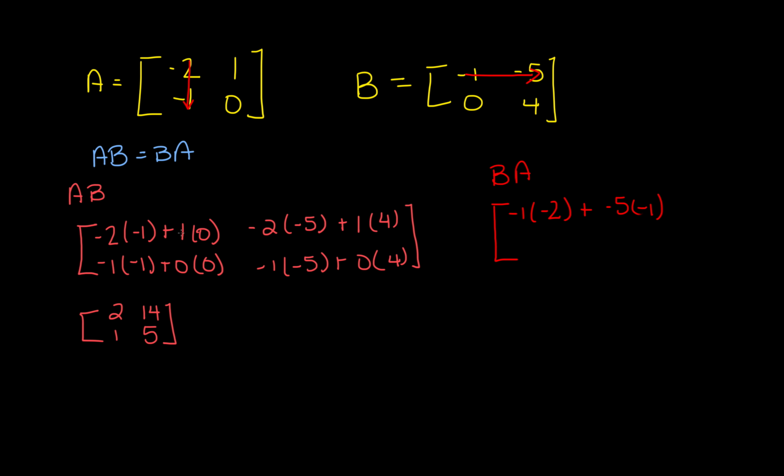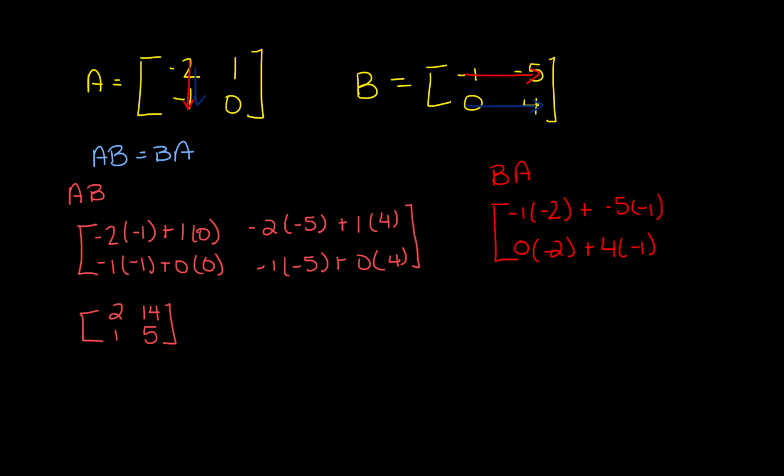Alright, and then I'm going to go across this way, down this way. So I'm just double checking. So this is going to be 0 times negative 2 plus 4 times negative 1.